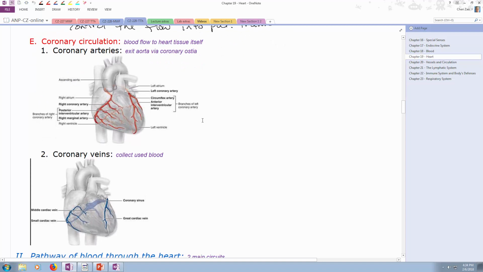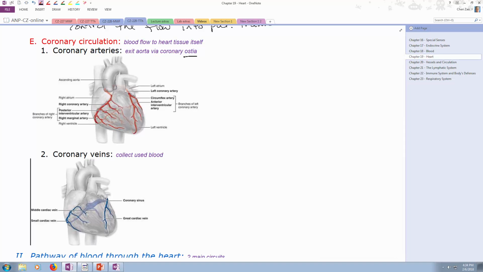Let's take a look at coronary circulation, because you guys are working on that lab, dissecting out the coronary blood vessels. So blood flow to the heart tissue itself, to the actual myocardium. So we have coronary arteries, which are going to exit the aorta via their ostia, which there are just 2, even though there are 3 valve leaflets.